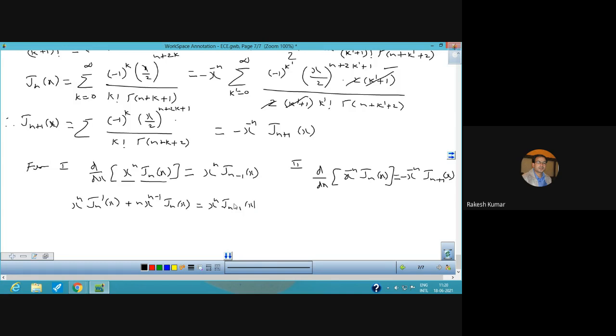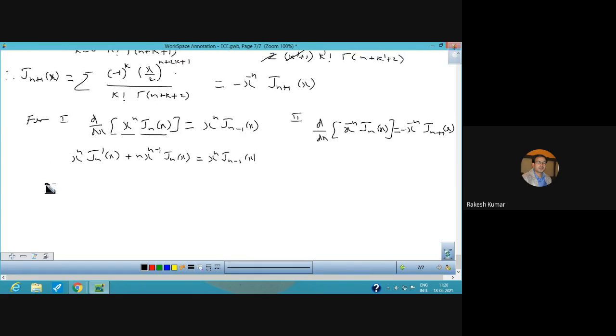So now from this formula we can also find out the value of Jn dash x. So the Jn dash x will be, or you can say that this adjustment can be written like here.